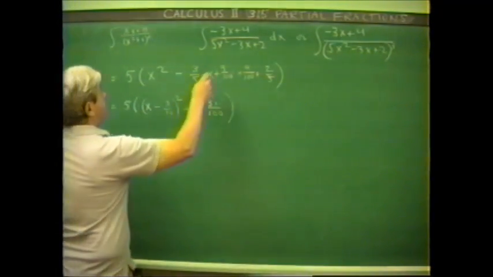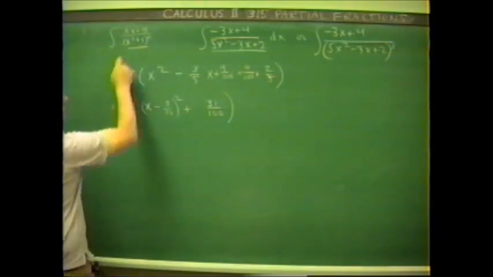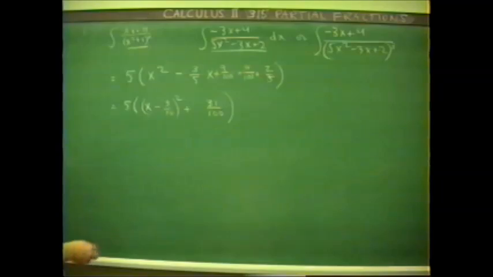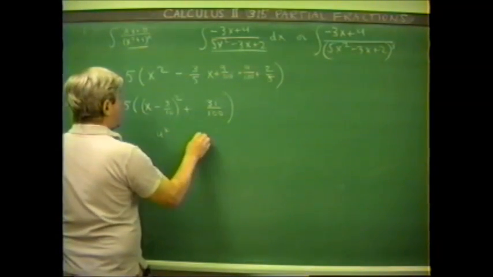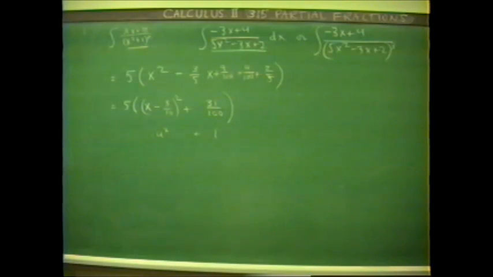Now, the idea is to make a substitution here so that this looks like x squared plus 1, or u squared plus 1 if you want. So I want this to look like u squared plus 1.